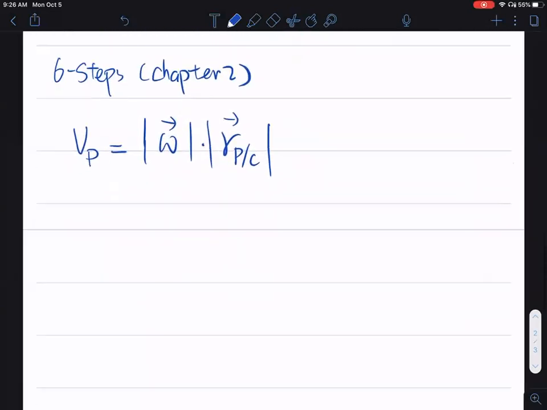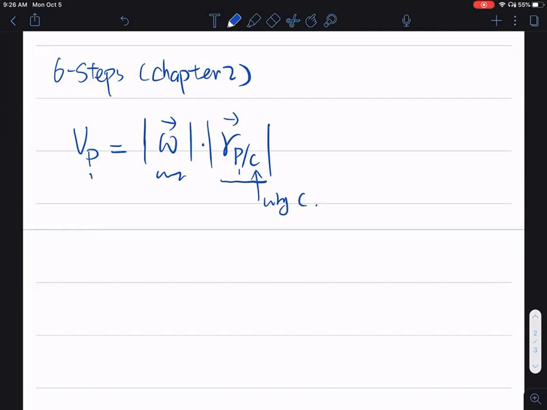Okay, so you can use the instant center to find the speed of any point. But here, this omega is the angular velocity, the angular speed of your rigid body. What is this r_P/C? P, I understand, is the point P we're talking about. Why do we have point C here?